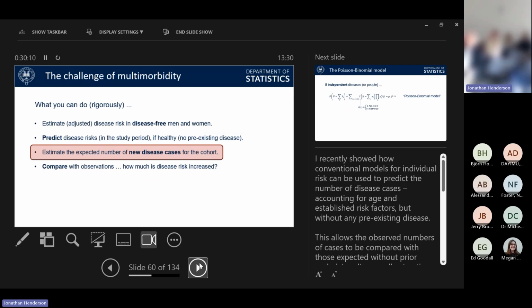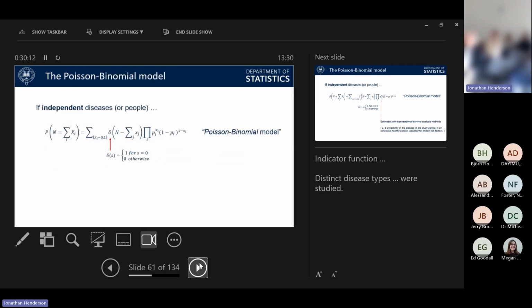For that, I'll introduce the Poisson binomial model. I don't know if anybody here has heard of it at all. If you see these figures where they show all the different probability distributions and how they all relate to each other, I've never seen this one on one of those yet.